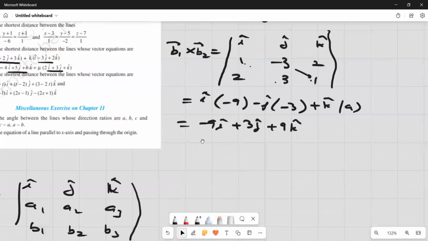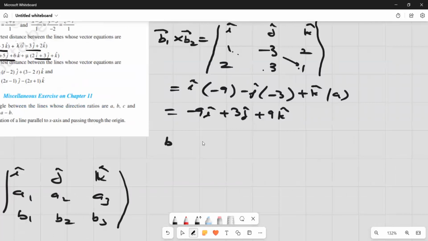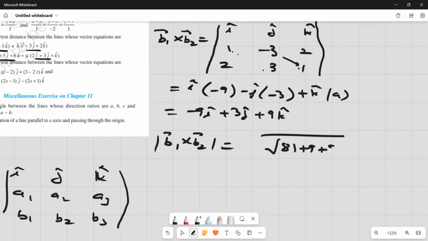So what will be the magnitude of this? B1 cross B2, that is root of 81 plus 9 plus 81. So that is 90 plus 81, 171. 81 and 81, 162, 162 plus 9, 171.